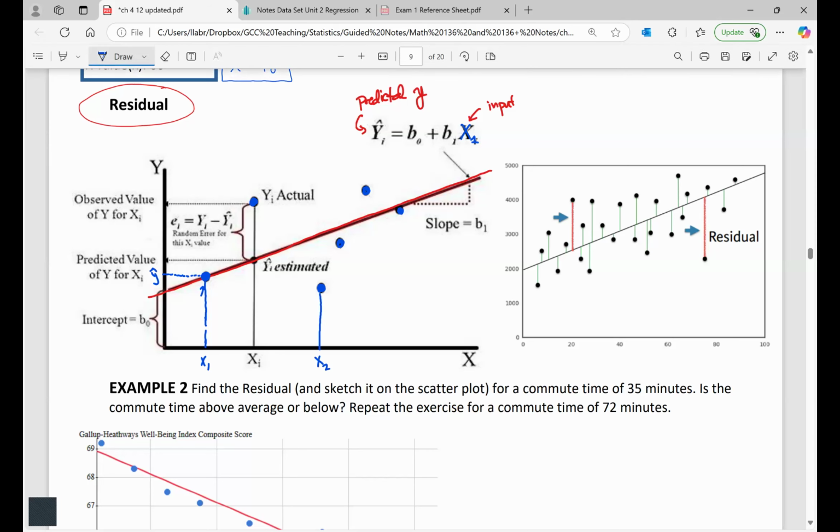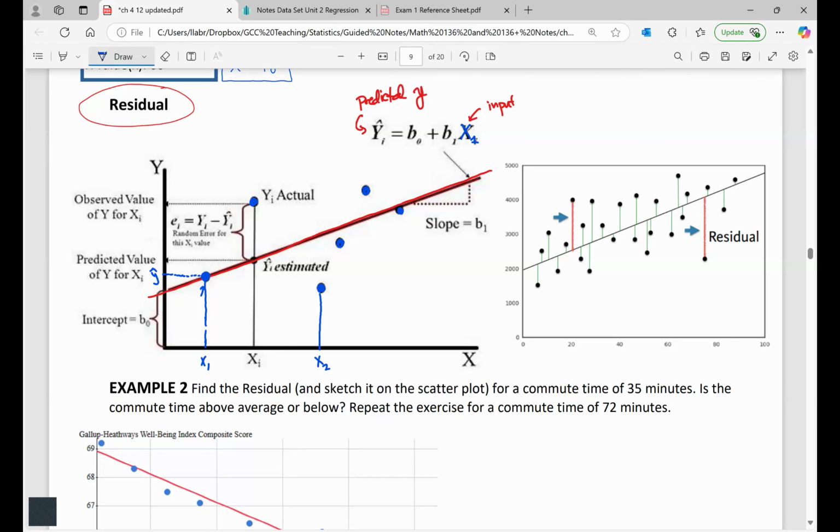That's the actual data point. And then if you were to find the predicted point, so this point right here is x3 comma y3 predicted, you simply subtract the predicted value from the actual value. And that right there is your residual. It's basically this vertical distance, right? Because that would be y actual, the height, minus y predicted.